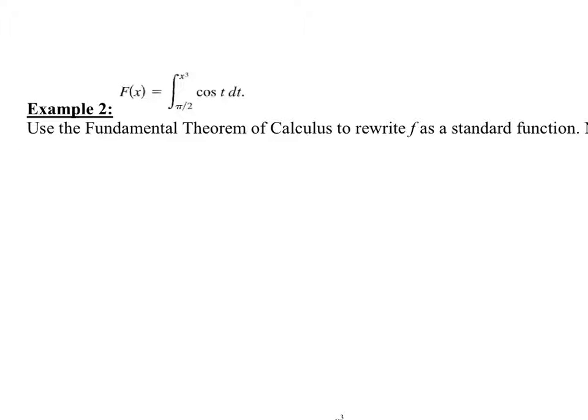So if I take f prime of x, that is the derivative of the integral from pi over 2 to x cubed of cosine of t dt.